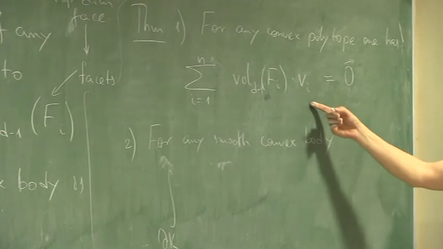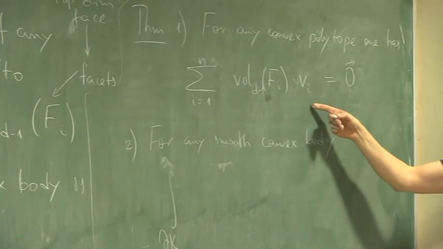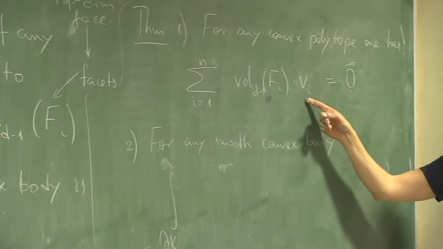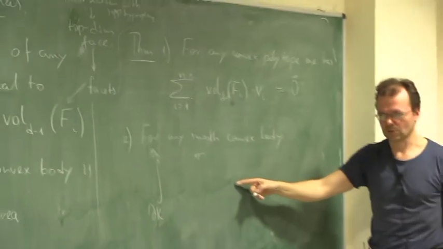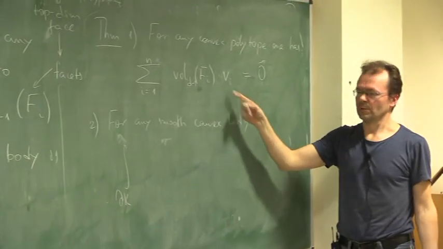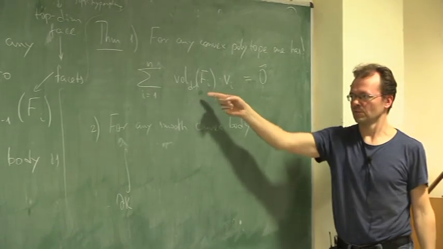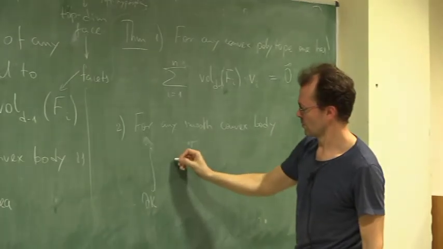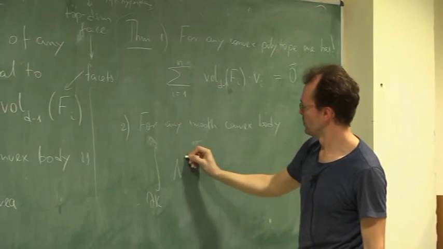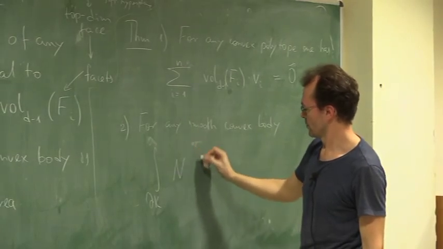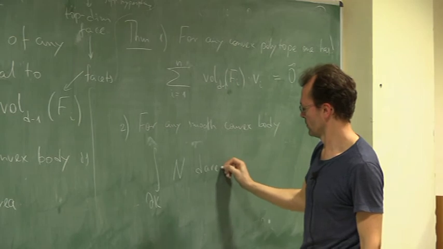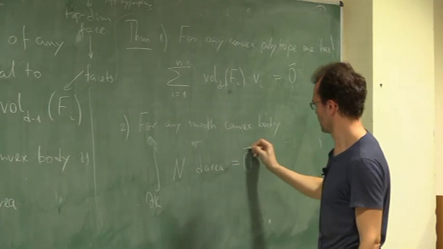So this is the sum of unit normals, so here we'll take the integral of the unit normals. But to integrate, you need to have a measure. So the measure is just the area measure on the boundary. So the integral of the normal vector times the area is equal to 0.